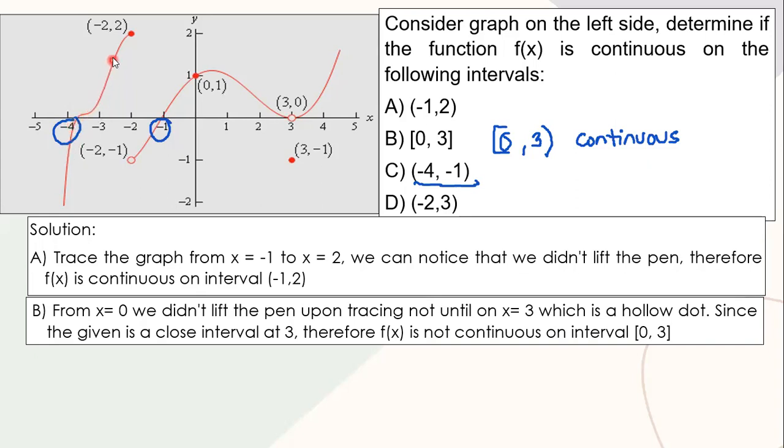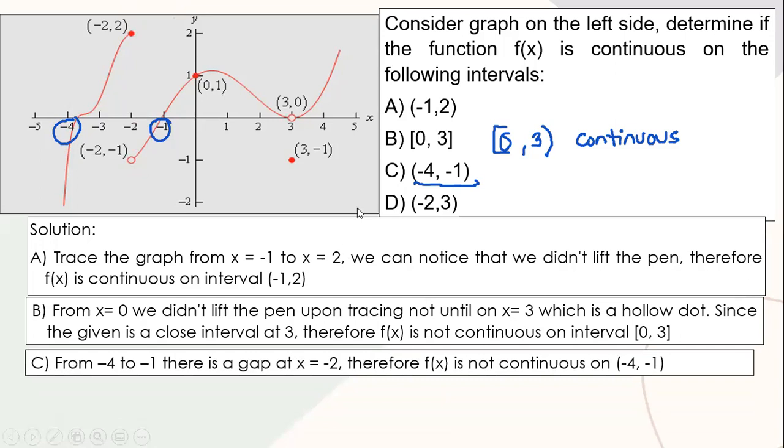Okay, so pagdating dito sa -2 pa lang, we have encountered a cut in the graph. So that's why, hence we can say that the graph is not continuous for the given interval -4 to -1. So there is a gap at x is equal to -2.